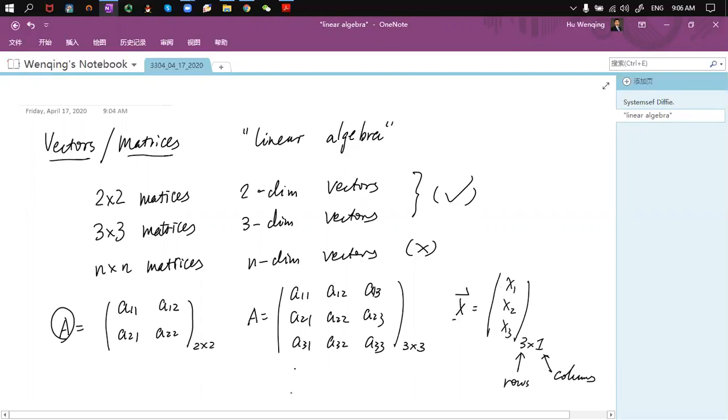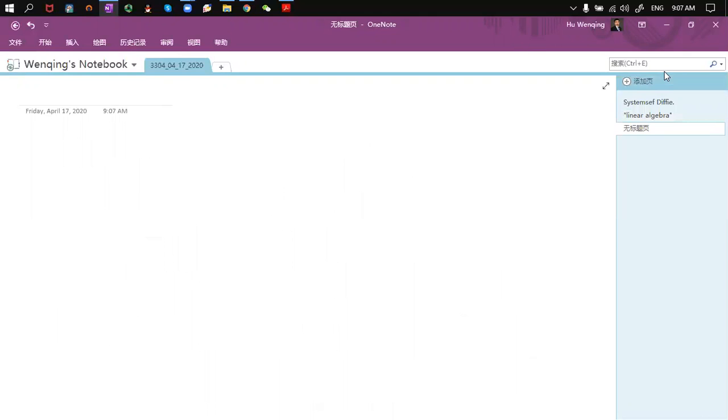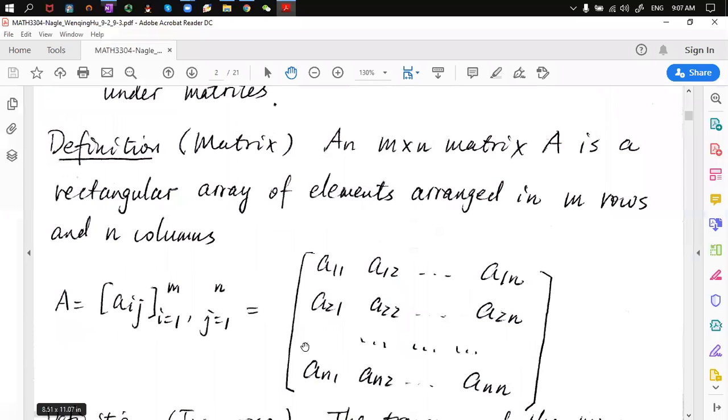You can also have, for example, A11, A12, A21, A22, A31, A32, which is a 3 by 2 matrix. These collections of numbers in rows and columns are called matrices.